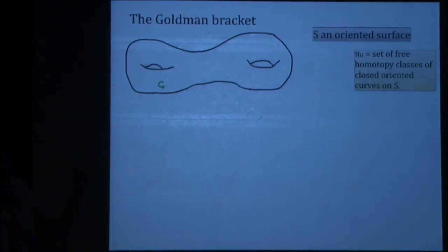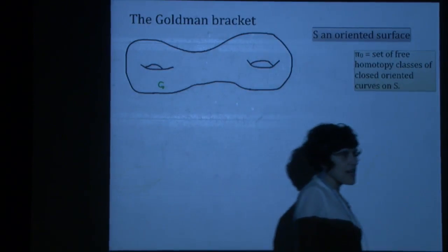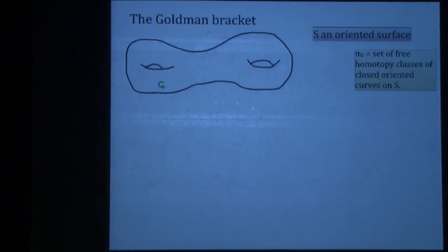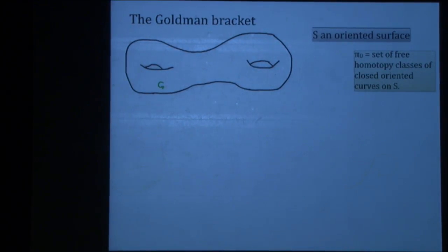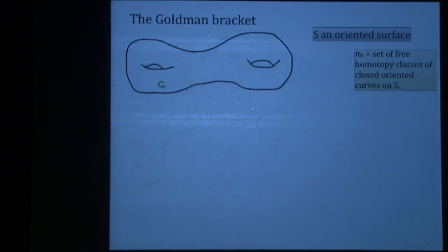So now we're going to have a surface. It could be with or without boundary. It's oriented, so it's orientable, and it has a fixed orientation. This is the 0 arrow here. And we're going to look at this set of deformation classes of closed curves on that surface, oriented. Now, here I like to emphasize the word set.